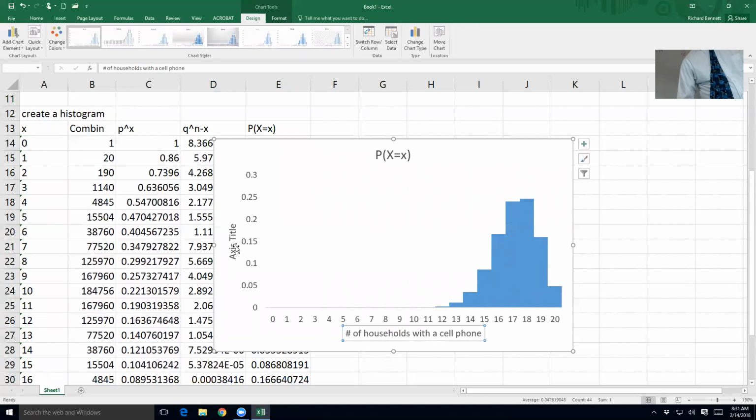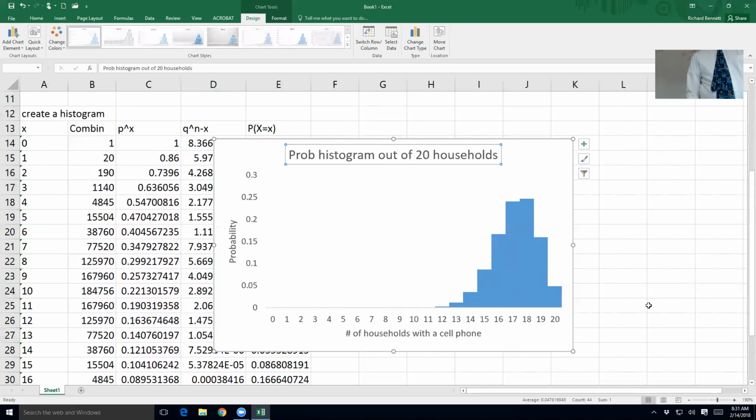What does this represent? Probability. And what should I put here? Probability histogram out of 20 households. Okay.